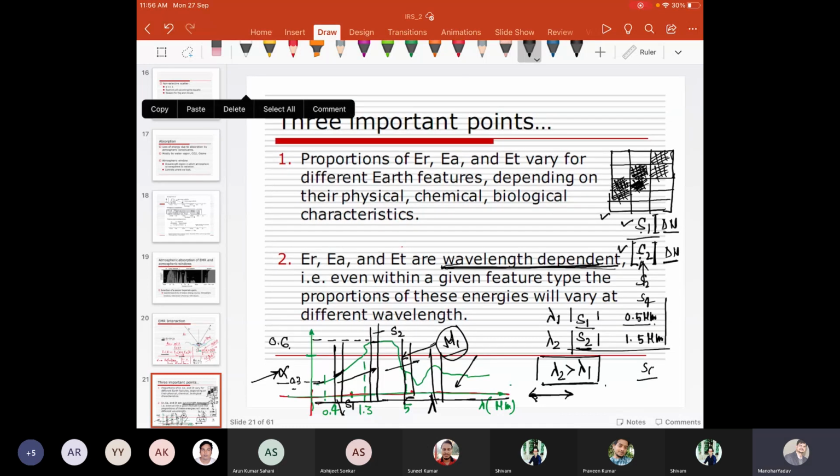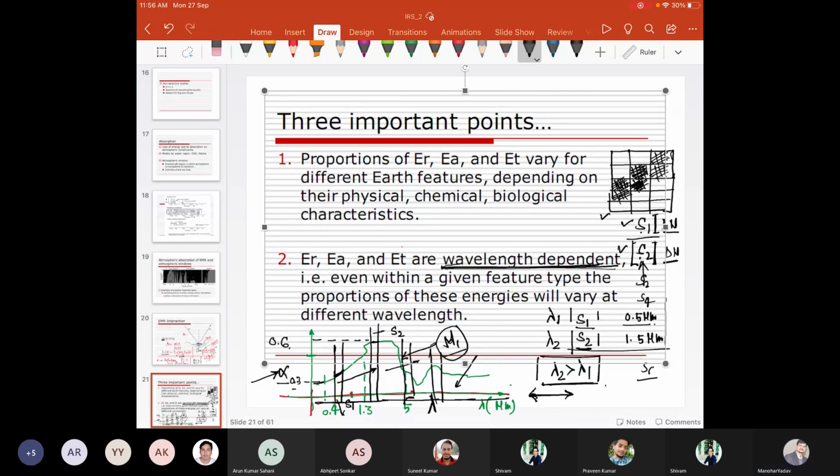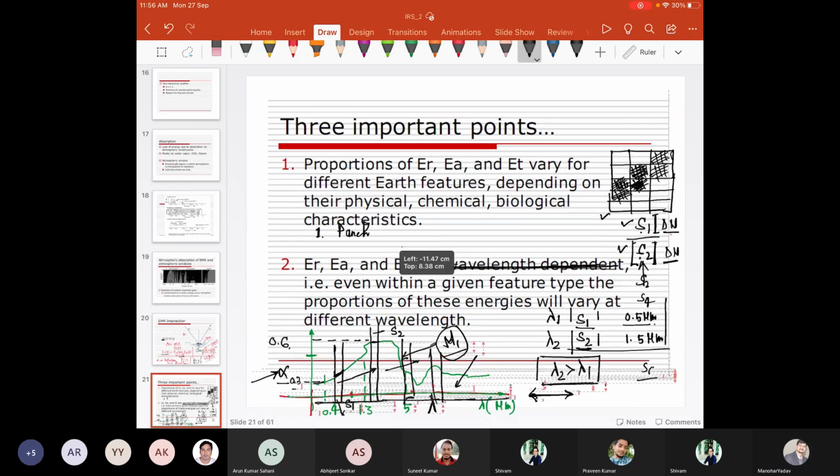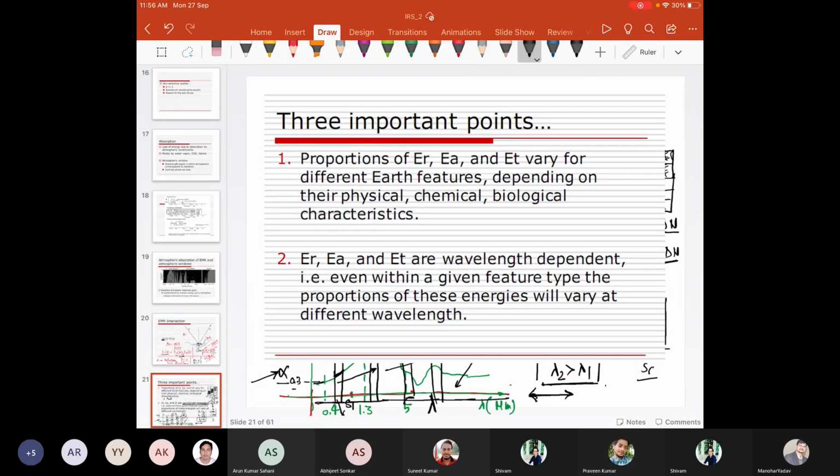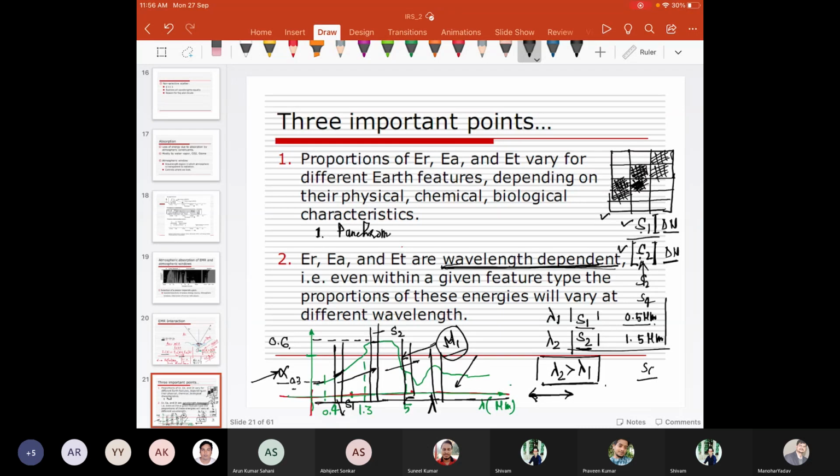The first one is panchromatic. Okay, panchromatic satellite imaging, we use only one band.